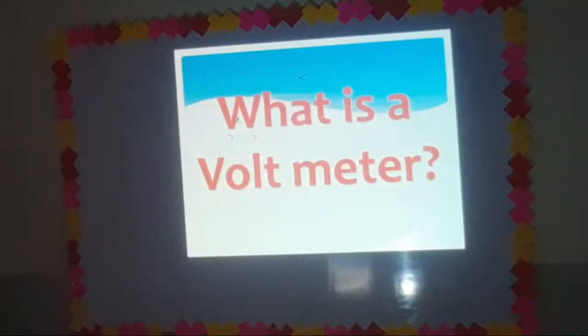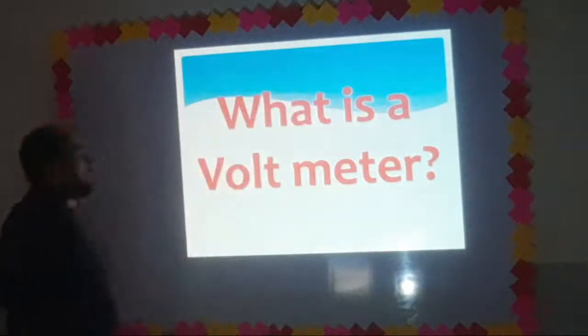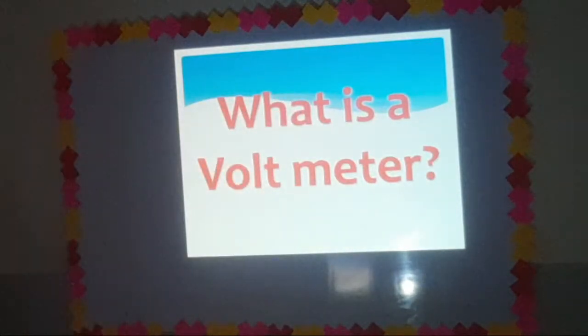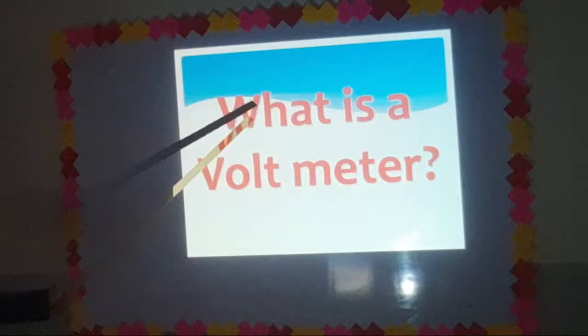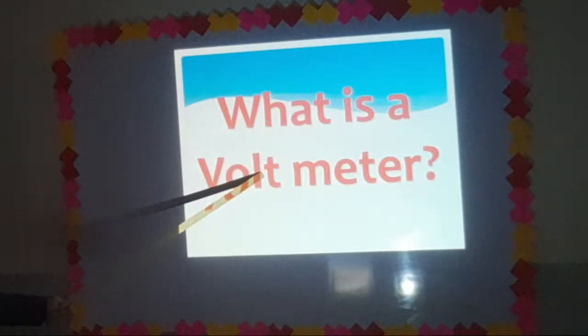What is a voltmeter? Take out your copies. You have to write it in your copy. What is a voltmeter? The first question was, what is a galvanometer? Galvanometer is used to detect current. What is an ammeter? Ammeter is used to measure current.